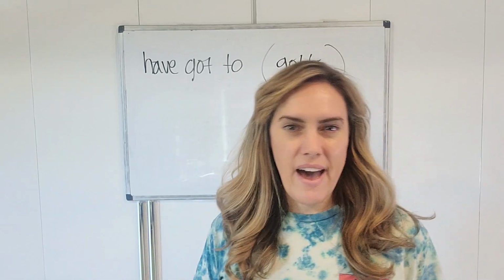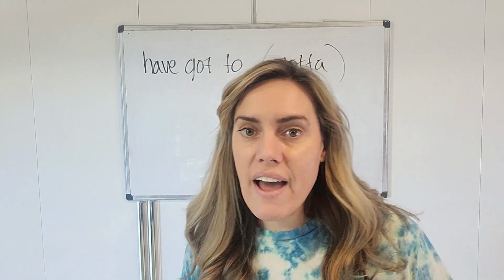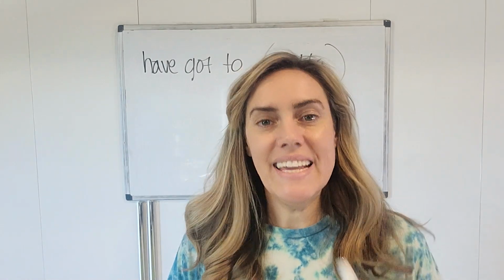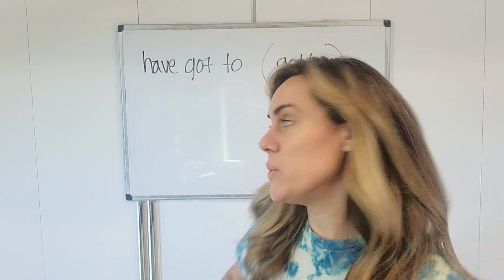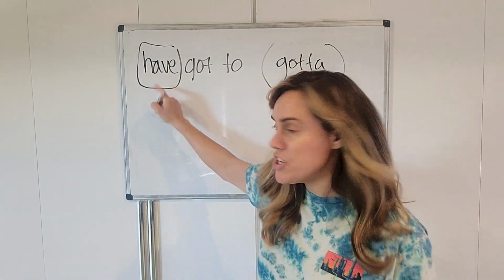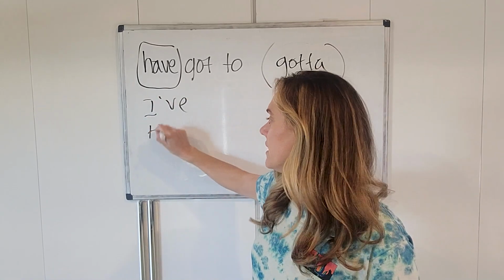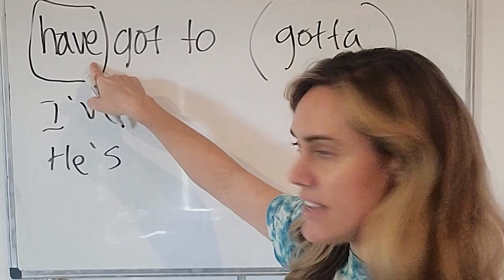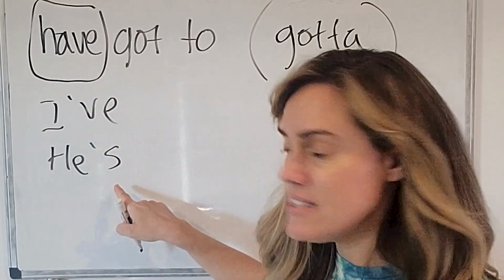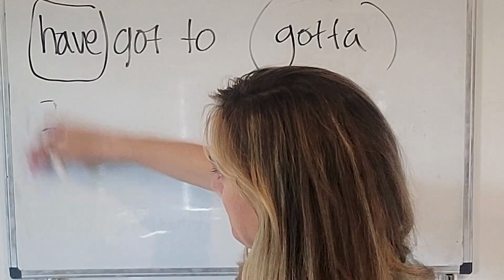So we don't say have got to, we say gotta, okay? Or I've gotta, he's gotta. That's when you contract this word with the subject. So like I've gotta, or he's, have becomes has, he's gotta. So we can do that.